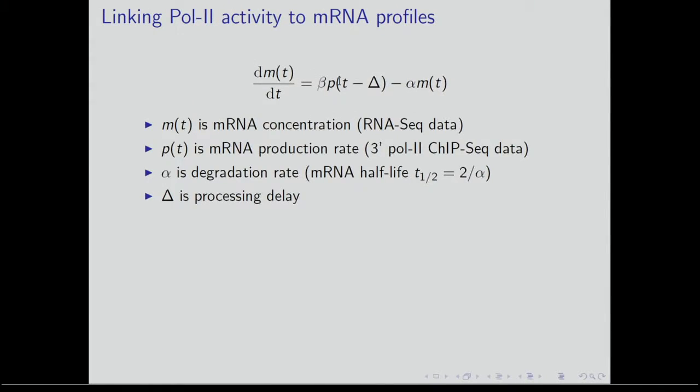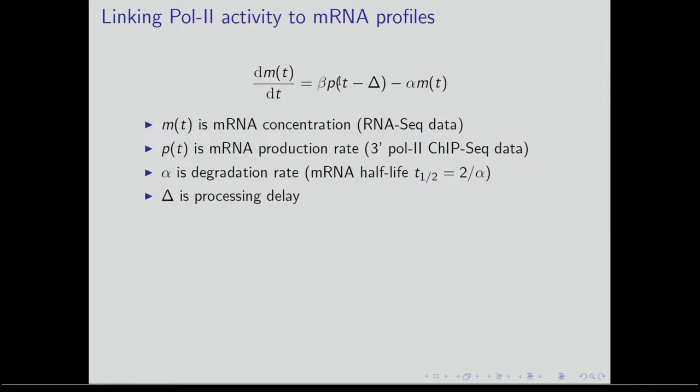So you have a rate of change of the RNA which is assumed to be proportional to the amount of POL2 which you have at the 3' end of the transcribed region. So you just measure pol2 after elongation is completed. And we're trying to understand how this whole process is regulated.